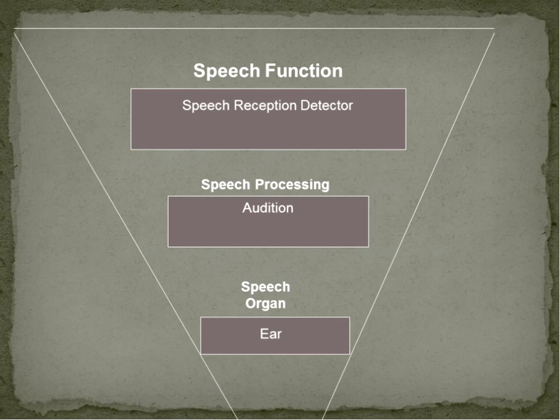The ear's function is speech reception or detection, and it transmits the acoustical information that has been uttered to the nervous system for decoding. The process of receiving speech by the speech organ, the ear, is called audition.